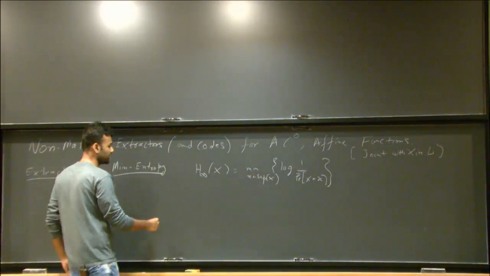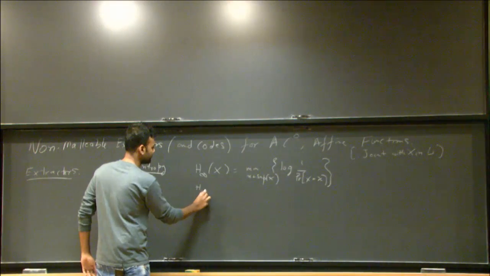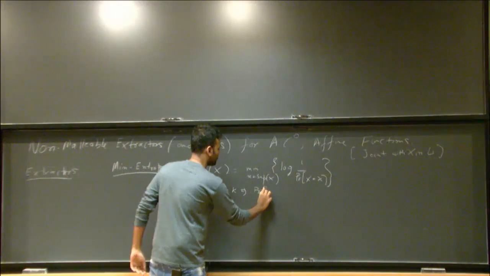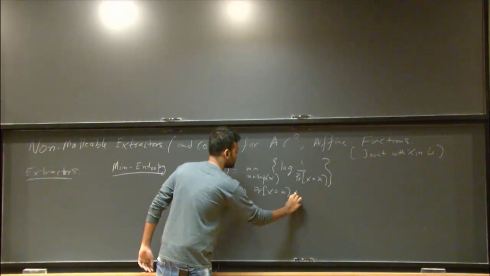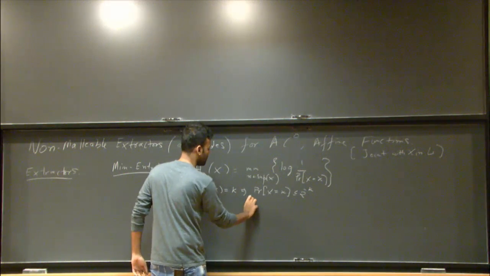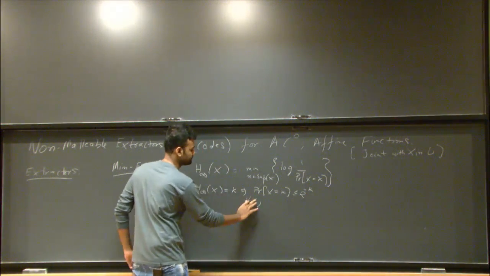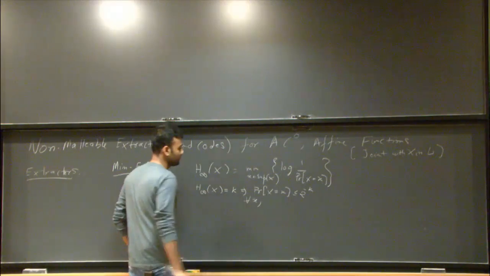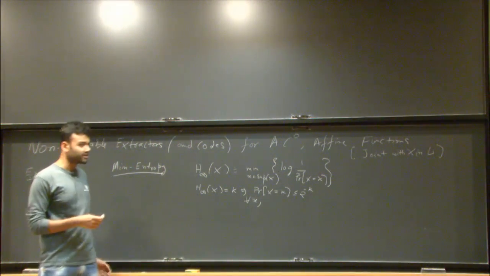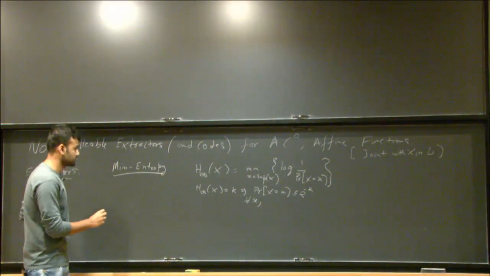So another way of interpreting this is if the min entropy of X is k, then the probability X equals x is at most 2 to the power minus k, for all x.